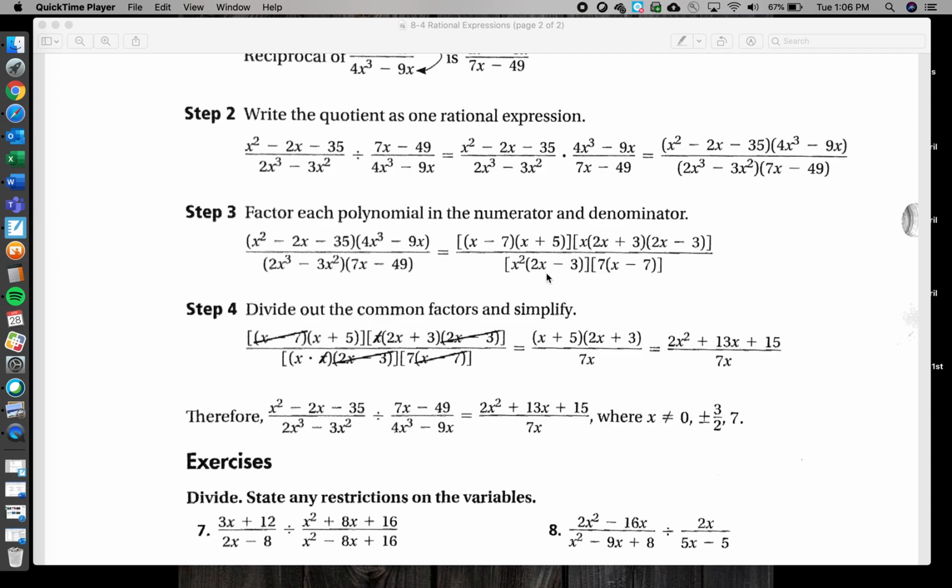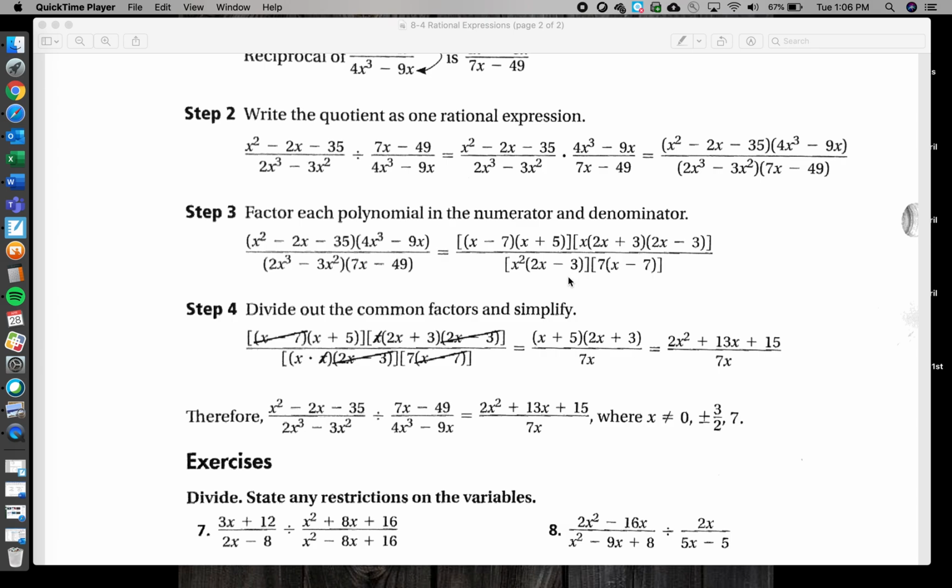I'm going to actually go back to here. I think it'll be easier. If x equals 7, this factor would be 0. If you take a look at this factor, that's where they're getting the 3/2 from.